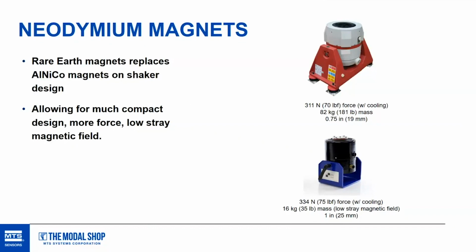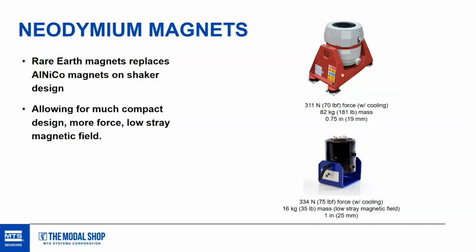What it does for you is, I would say, 3 to 4 times the amount of magnetic field for the same size of magnet. So that allows for a much more compact design, and you have much more magnetic force, and you can keep that magnet inside the shaker. So you have much less magnetic field around the shaker where you don't care.